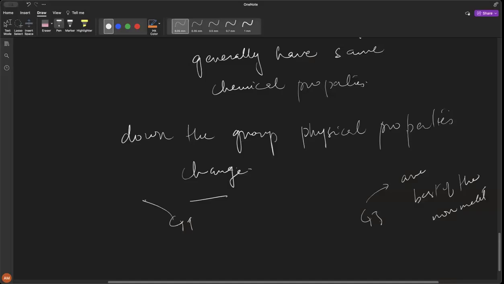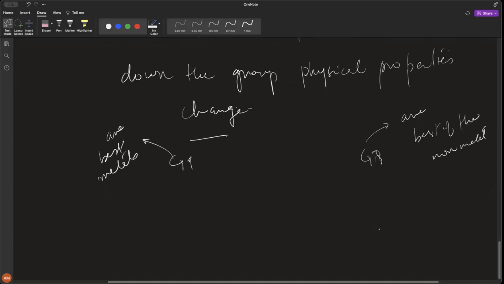Group 1 elements are the best metals because they are in the first group, and group 7 elements are in the 7th group. After that, there is no reactivity in group 8 elements, so we do not really consider talking about them.